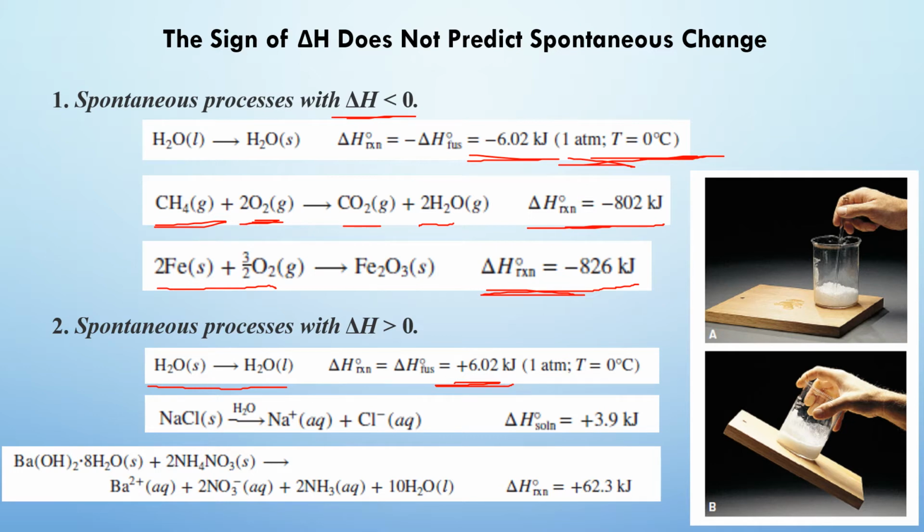And for a salt dissolving in water, you require energy because you need energy to break the ionic bonds, so it's an endothermic process. And for some types of endothermic reactions, for example when you mix barium hydroxide hydrate with ammonium nitrate, shown in this picture, it's very endothermic, so it will require a lot of energy from the surrounding.